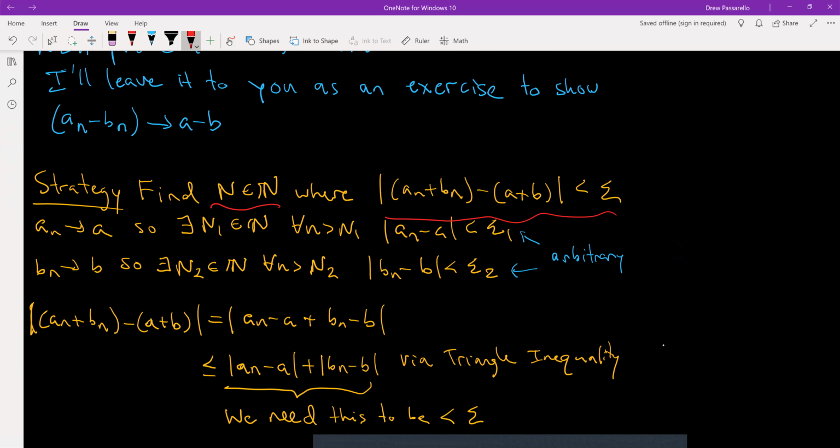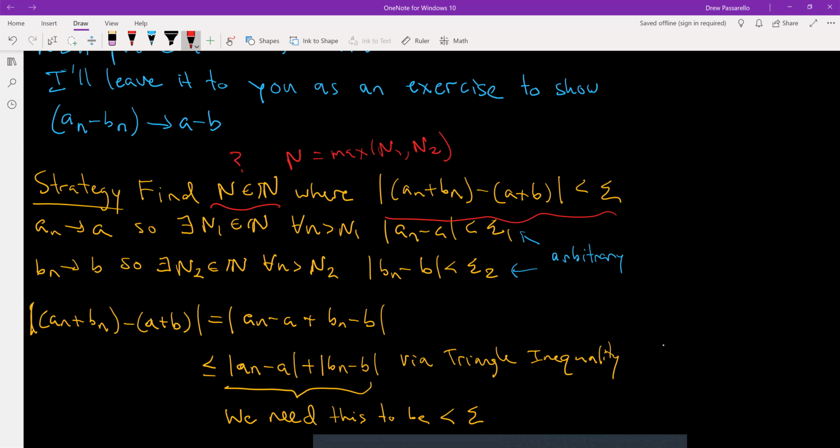So what n do we use? That n is going to be the maximum of n1 and n2, where n1 comes from the convergence of an, and n2 comes from the convergence of bn.